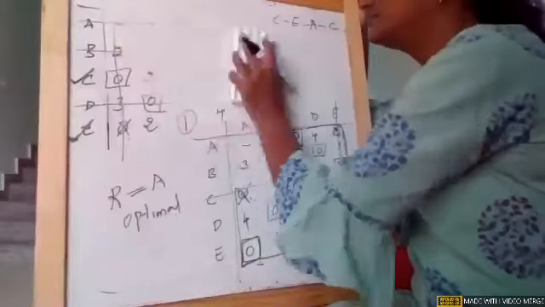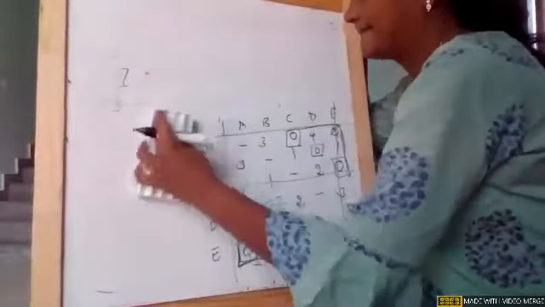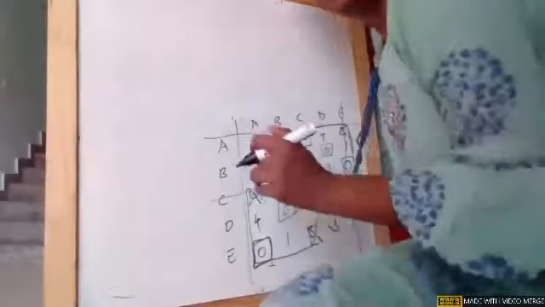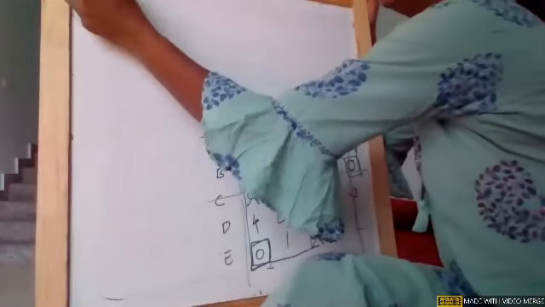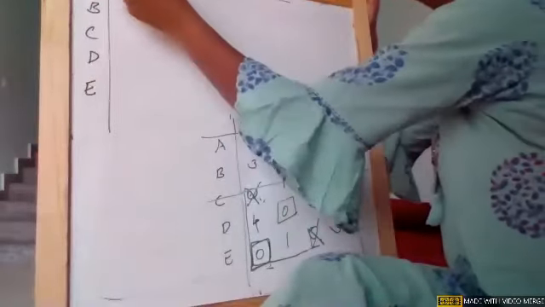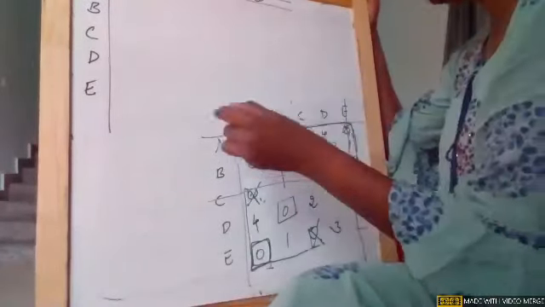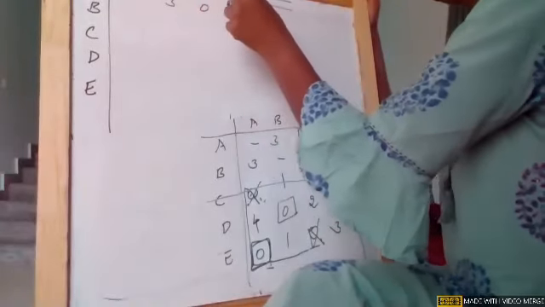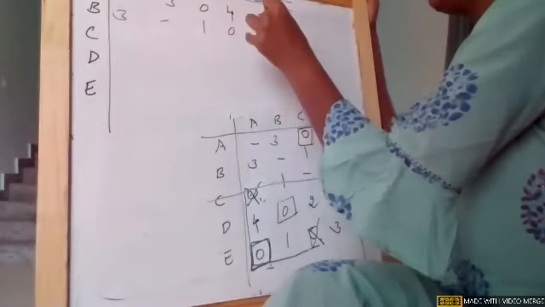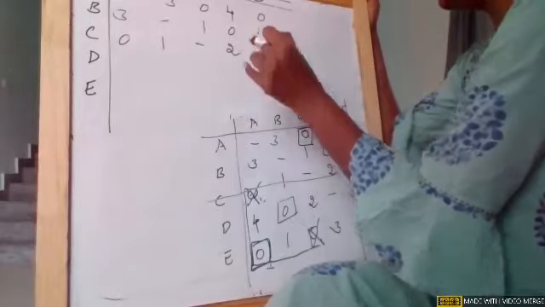So I'll write it first here. There are so many ones in the matrix, so you need to see all the ones.